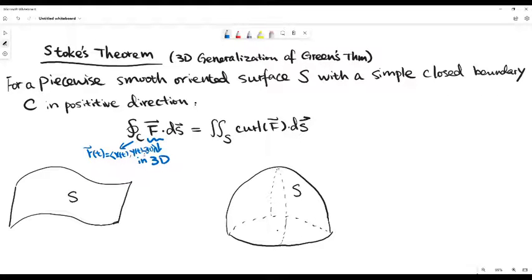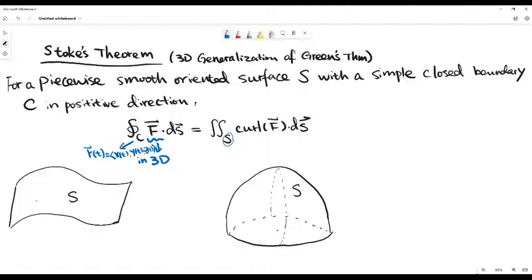Each coordinate is going to be a function of time t. And for this kind of circulation of a vector field over a closed curve, because it's in 3D, it's going to enclose a surface S instead of a two-dimensional region D now.